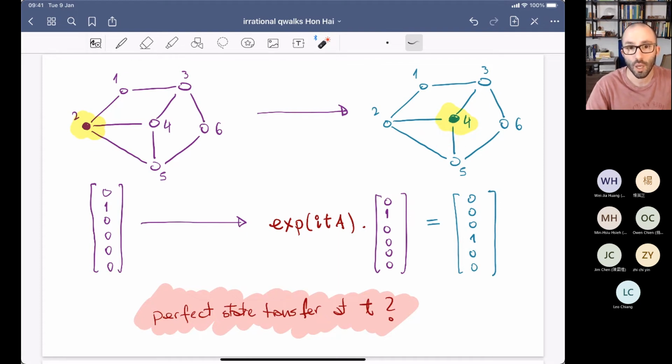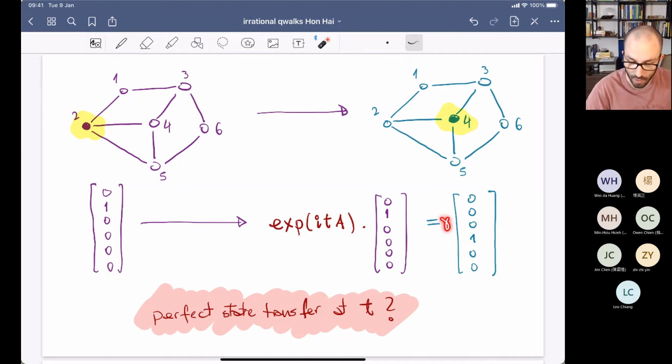And this would be quite nice if you think that your graph is actually modeling a device that could be used to transfer states. This basically means that if this is the initial state of the graph, you'd like to find a time t, for a particular choice of adjacency matrix of a particular graph, such that when you multiply this matrix by this vector, this is actually what you get, right?